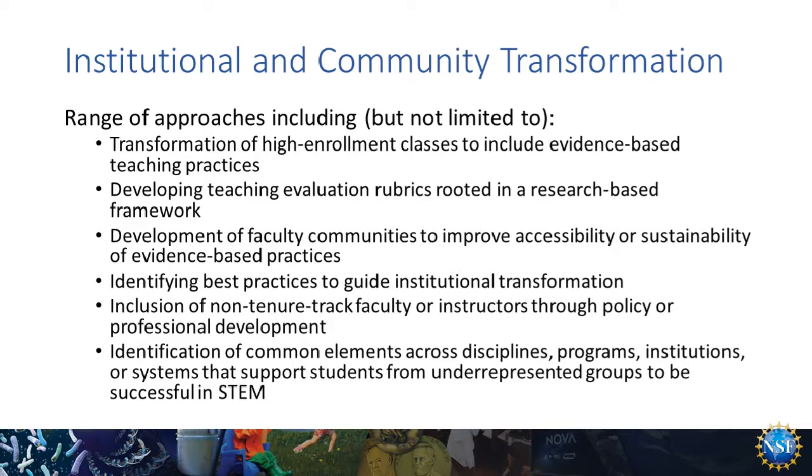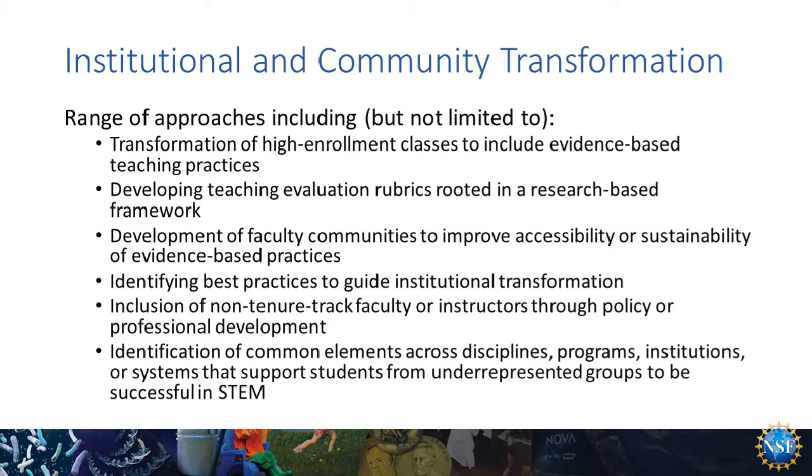The range of approaches, including, but again, not limited to, this set of examples, are intended just to be illustrative. Transformation of high enrollment classes to include evidence-based teaching practices. Developing teaching evaluation rubrics rooted in a research-based framework. Development of faculty communities to improve accessibility or sustainability of evidence-based practices.